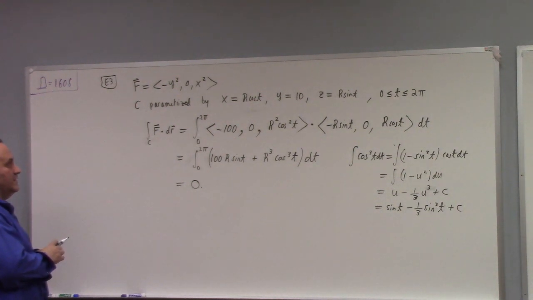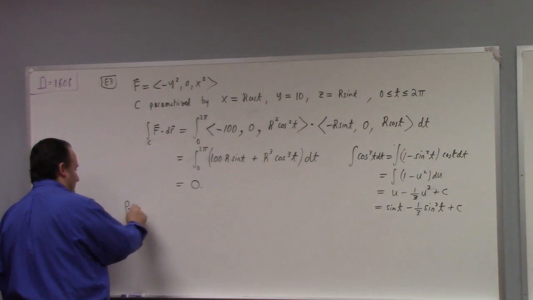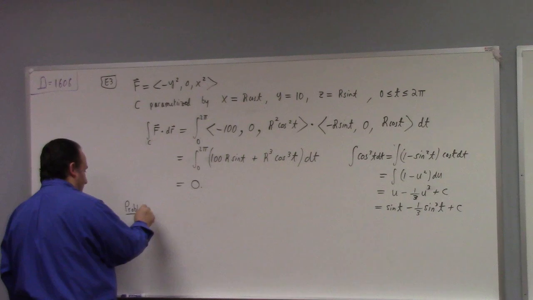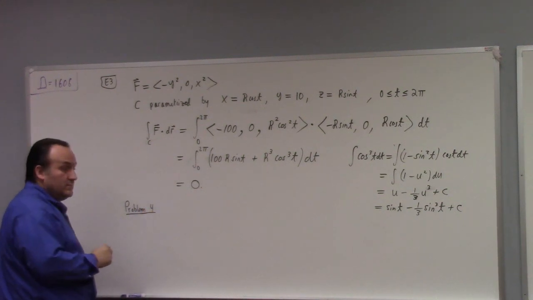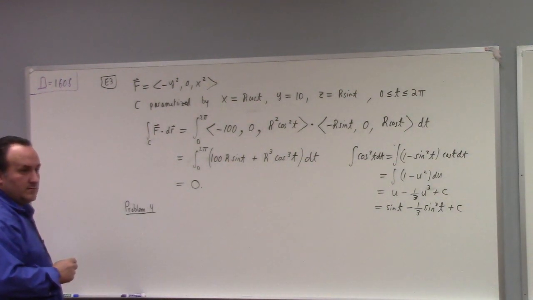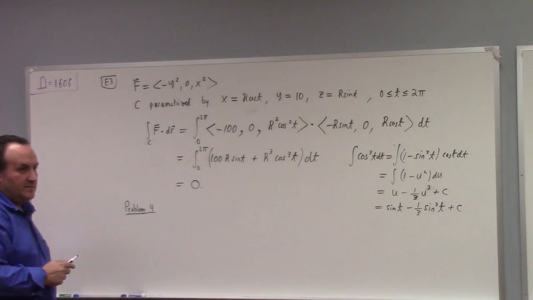It's useful. So in problem 4, I just want to plant a flag here for future reference. Why would the integral of 100 r sine t be 0 there? Because you're integrating from 0 to 2 pi. Sine of t goes for the full cycle, so it has to integrate to 0.